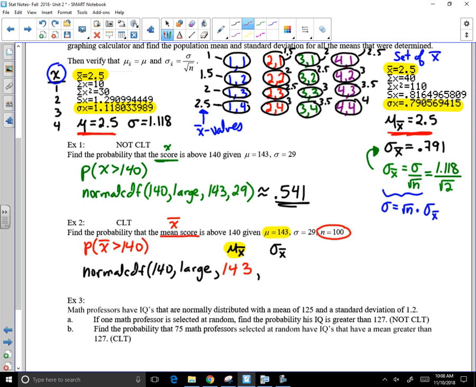So the question would be, what would the standard deviation be then? The answer would be, it wouldn't be easy to find. However, if I know that little nifty relationship that tells us that sigma over the square root of n will give me the same thing, and sigma is 29, and the square root of n would correspond to the square root of 100, then I have what I need.